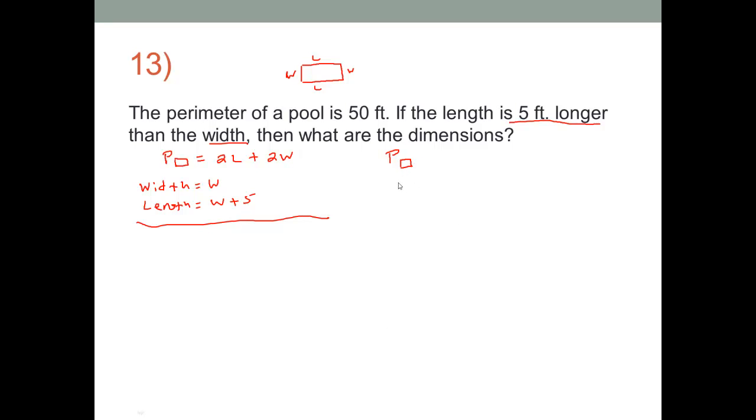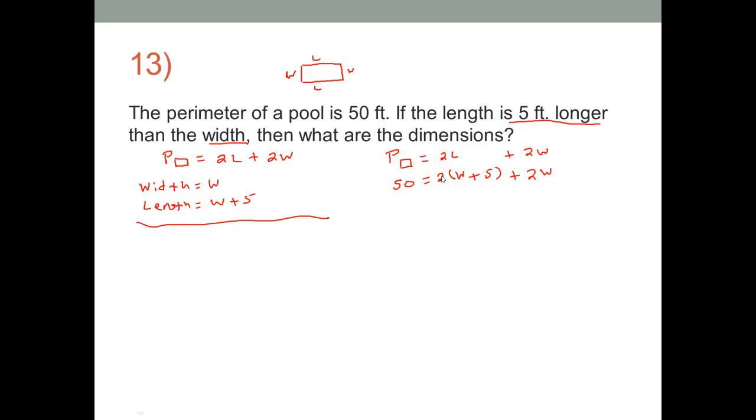We know the perimeter is 50. We know that the length is W plus 5, so 2 times the length, or 2 times W plus 5. And we know the width is just W, so 2 times W. Now that creates an equation with one variable that we can solve for. So we can use our equation solving skills and figure out what the width is.